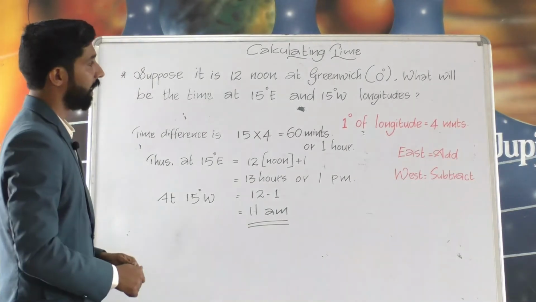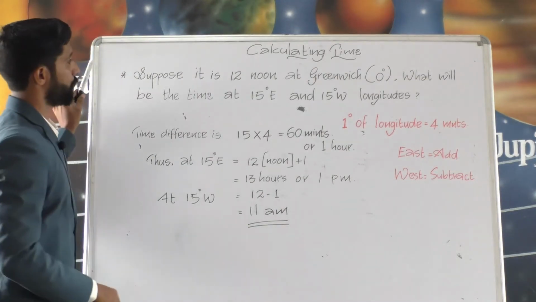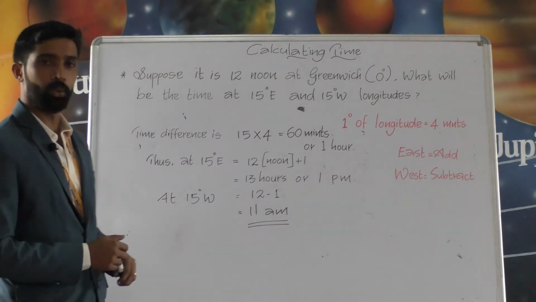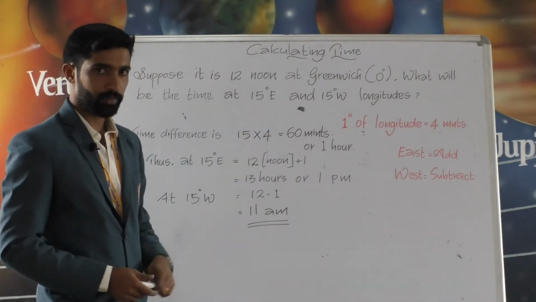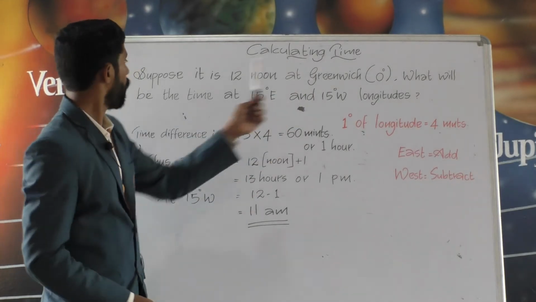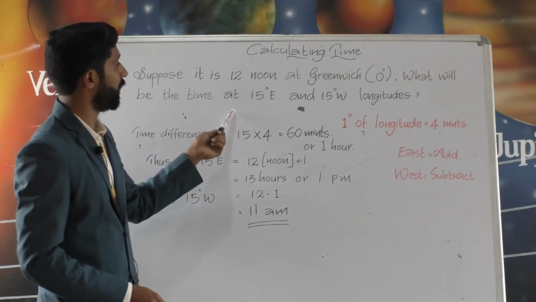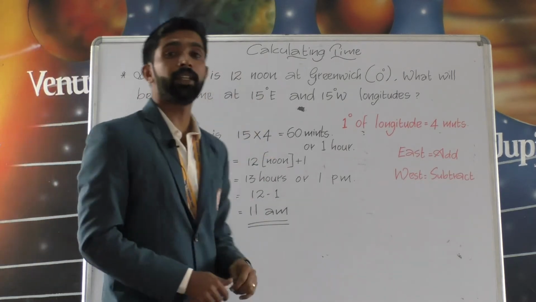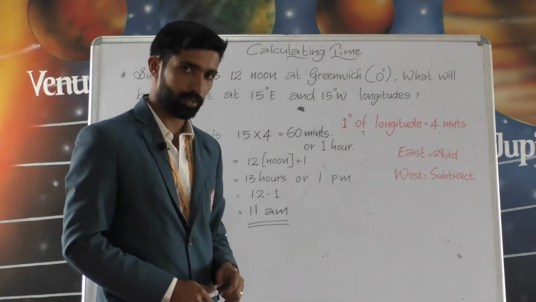How can we calculate the time? Here is the question. Suppose it is 12 noon at Greenwich, that is 0 degree. What will be the time at 15 degree east and 15 degree west longitudes?